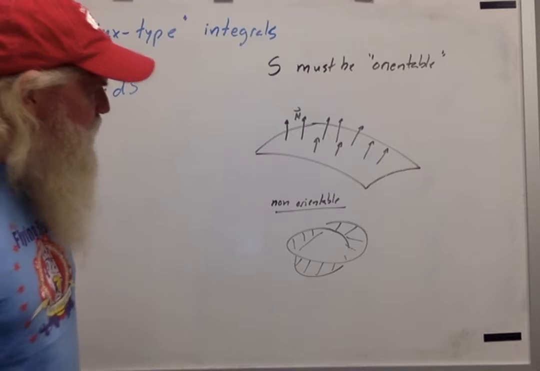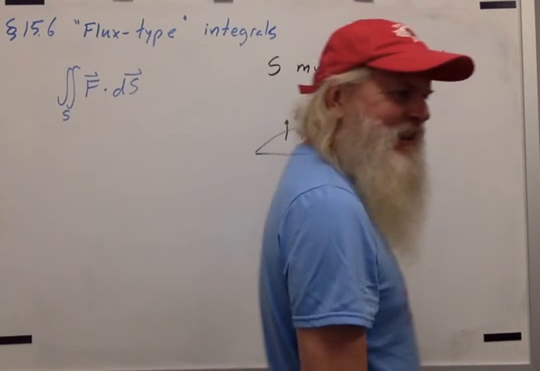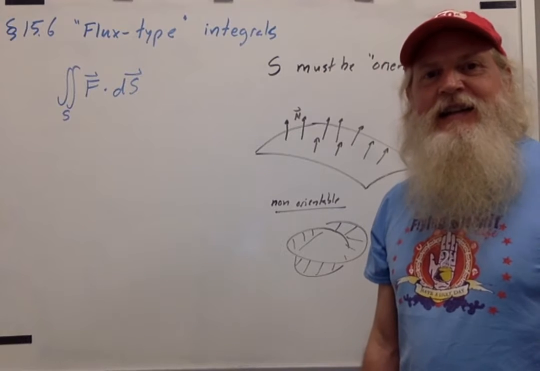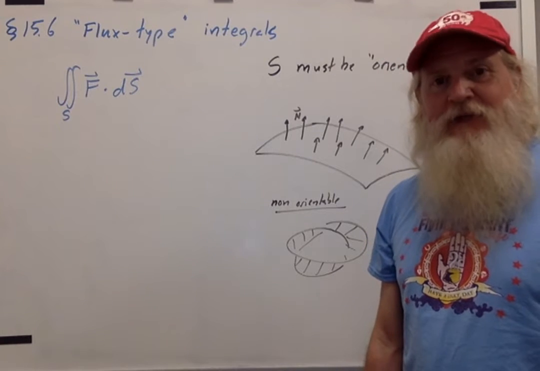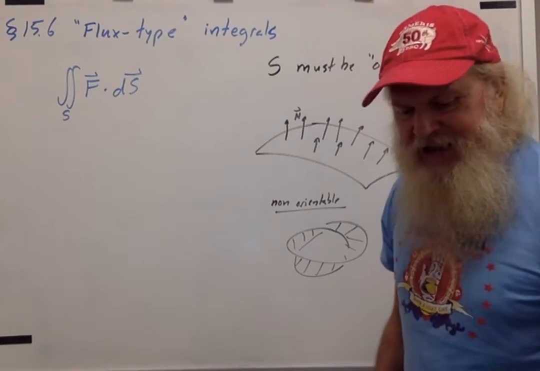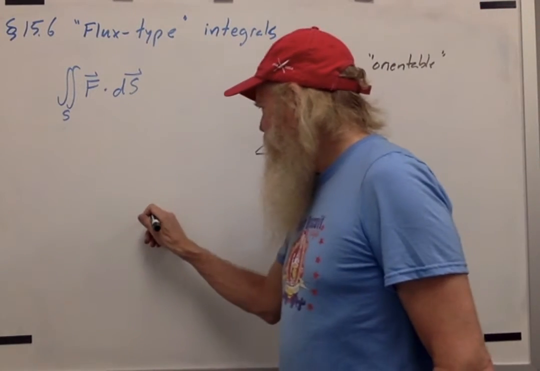Normally, when I teach this class in person, we end up actually making Mobius strips in class and playing with them to verify that they're not orientable. In fact, a Mobius strip has exactly one side. So here's something that you can do.